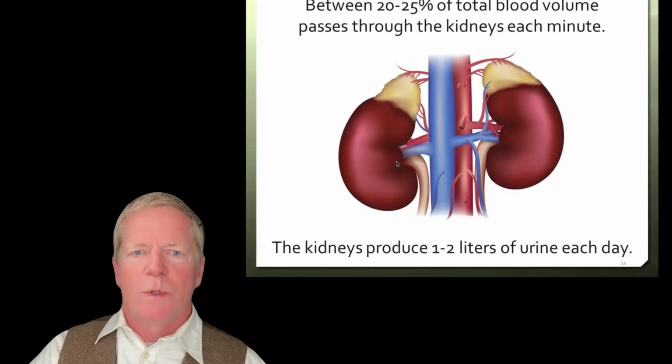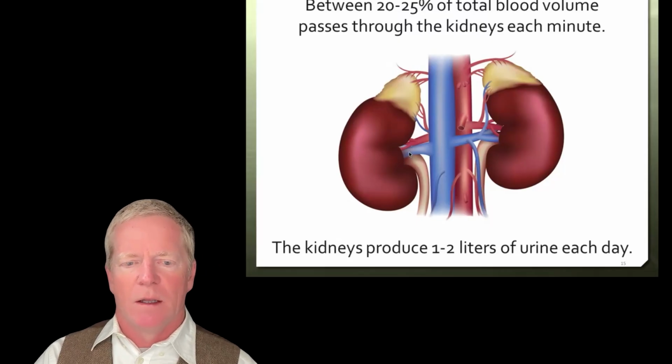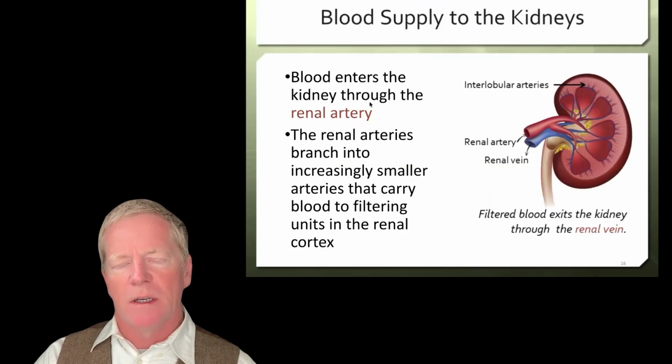Okay, again, between 20 and 25% of total blood volume passes through the kidneys every minute. So the kidneys are producing about 1 to 2 liters of urine every day. The blood is entering the kidney through the renal artery here on top.